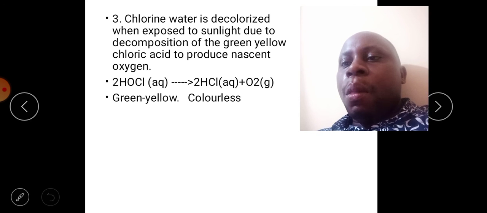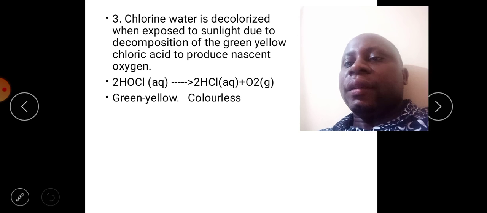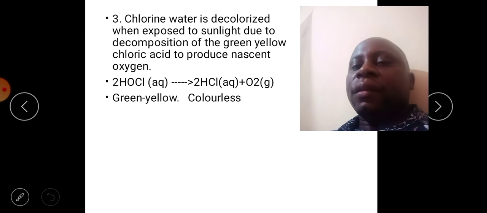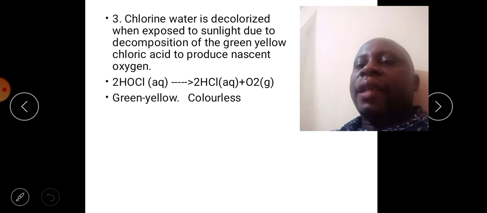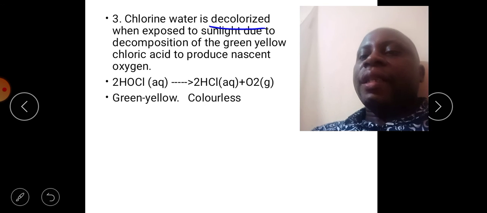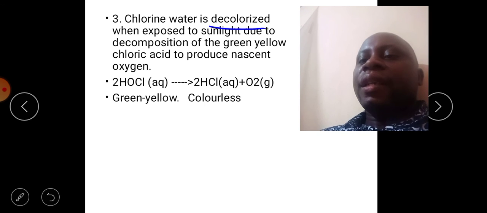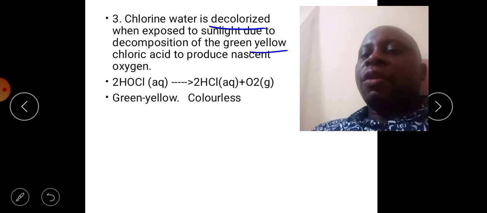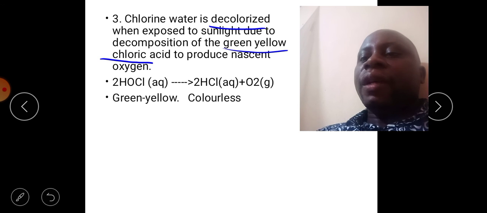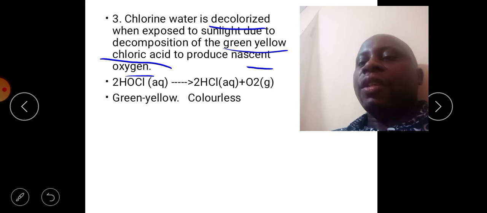Now, what happens when you place chlorine water in sunlight? We learned that chlorine water is decolorized when exposed to sunlight. This is due to decomposition of the green-yellow chloric 1 acid to produce nascent oxygen.